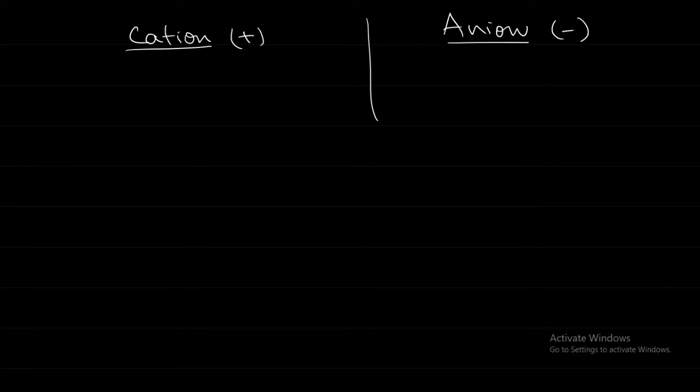So how to remember easily? That is one thing. For example, sulfate, SO4. It will have some charge, right? Minus 2. So why should it be minus 2? You know the formula of sulfuric acid, right? H2SO4.